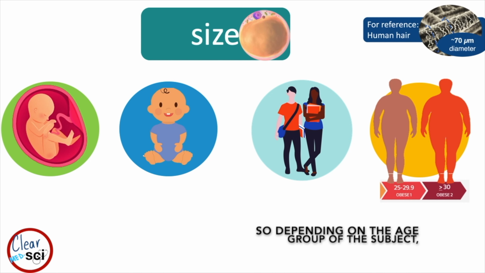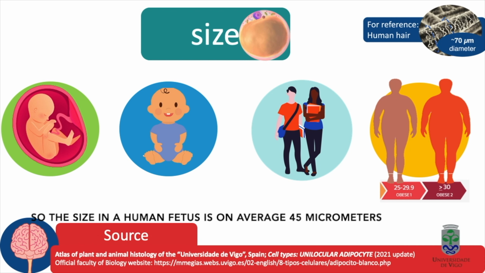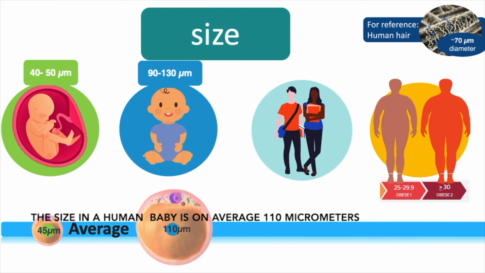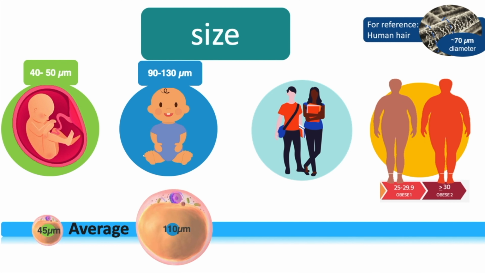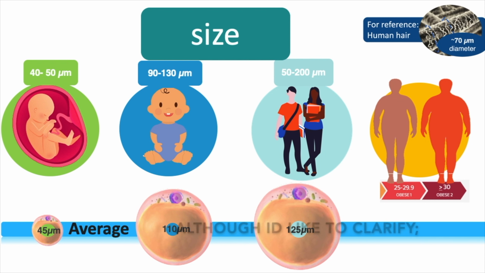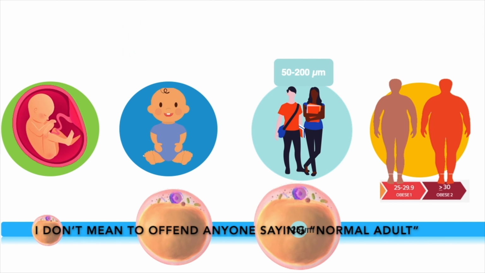So depending on the average group of the subject, the average size of the adipocyte can be determined. So the size in a human fetus is on average 45 micrometers. The size in a human baby is on average 110 micrometers. And the size in a normal human adult is on average 125. Although I'd like to clarify, I don't mean to offend anyone saying normal adult.